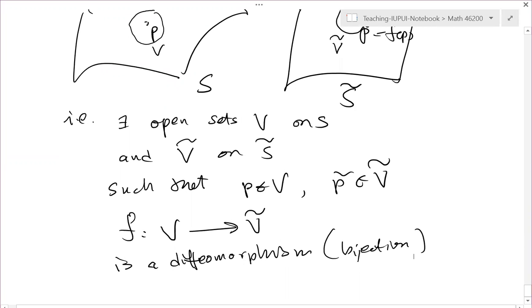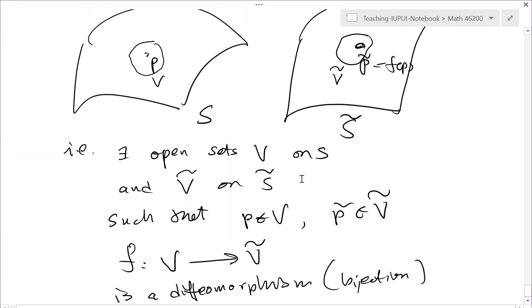When you restrict the map to a small neighborhood, this is easy to understand, because we can always view a surface using an open set in R2.